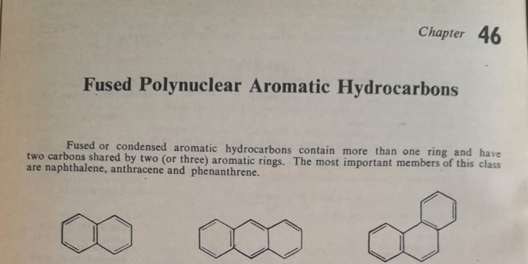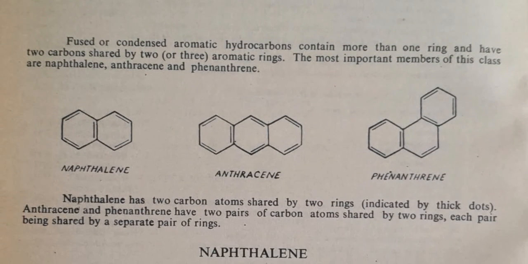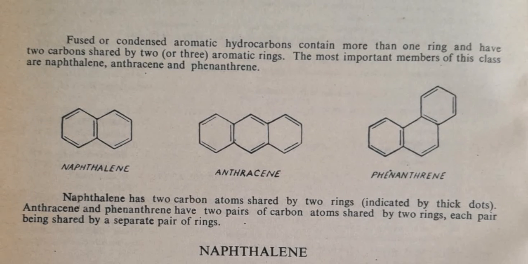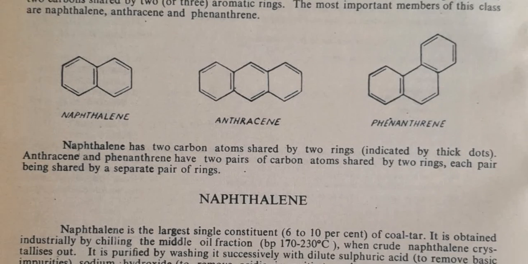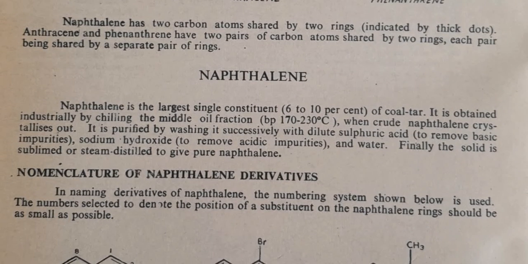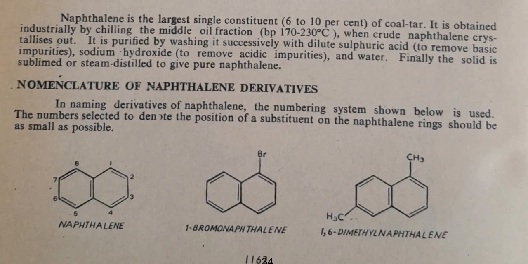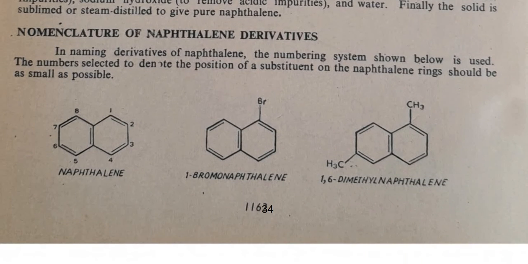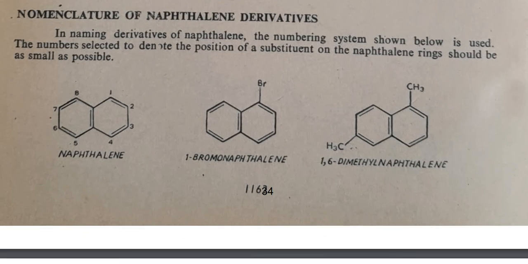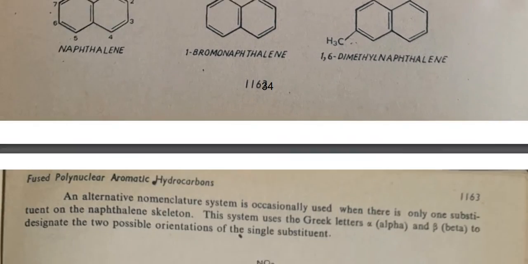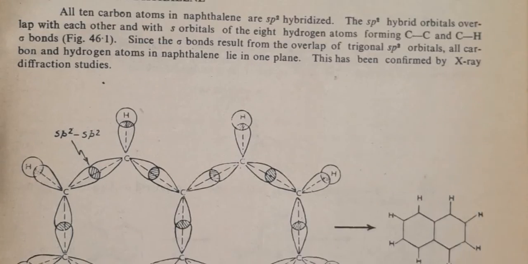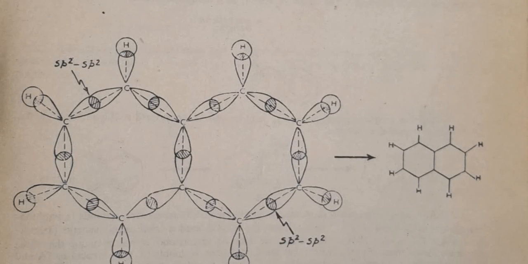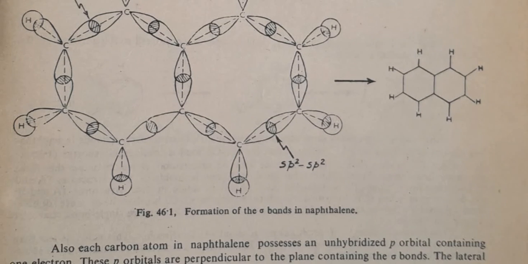Now fused polynuclear aromatic hydrocarbons. You can see naphthalene, anthracene and phenanthrene. I will show you only the 2 and 3 reactions for your exams. For naphthalene, the nomenclature is like this: at position 1, bromine is present, so 1-bromonaphthalene. Now the structure of naphthalene: you can see alternate double bonds, it is aromatic in nature.